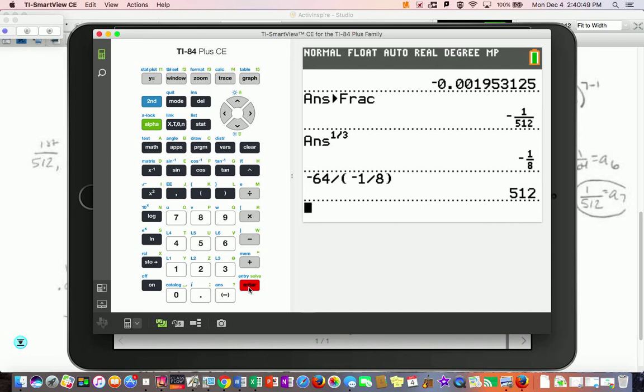So now g sub 7 would be 512 times negative 1/8 to the 7 minus 1 power. So g sub 7 is 512 times negative 1/8 to the 6th power.